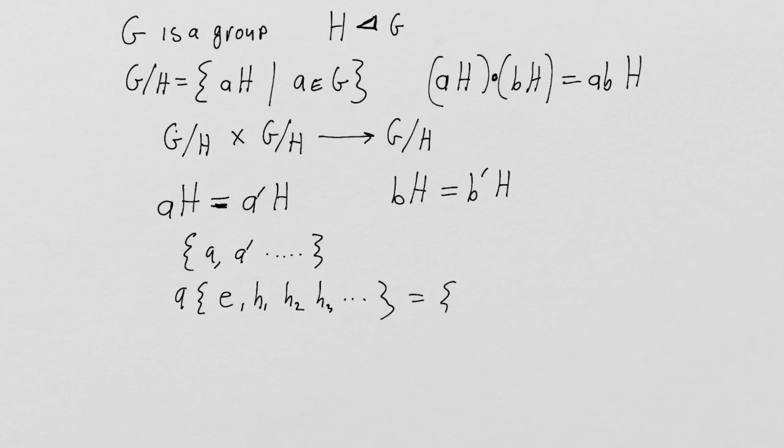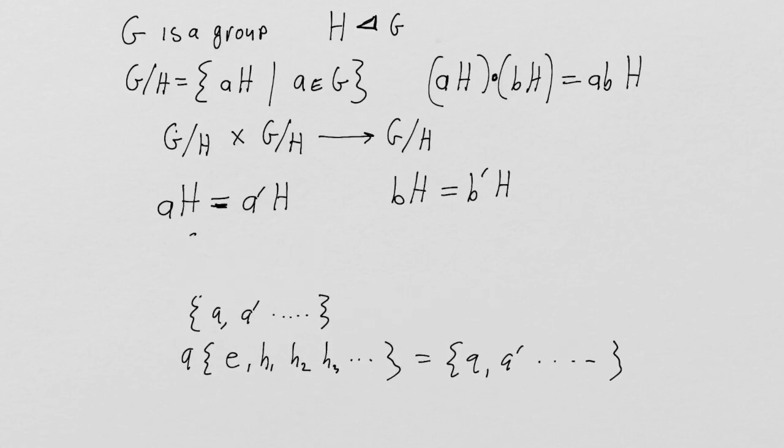And that gave me A prime and all of these things. So I know that there is some member of H, when multiplied by A, that'll give me A prime. So I can always write A prime as A times a member of H. So I can always write this as A times H1, times H, right?